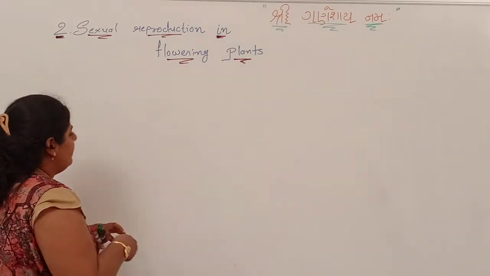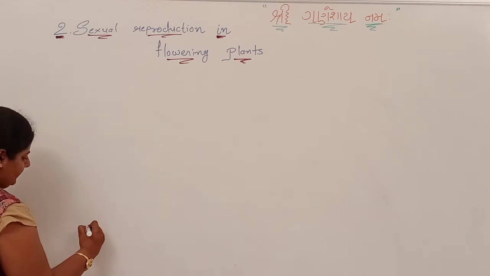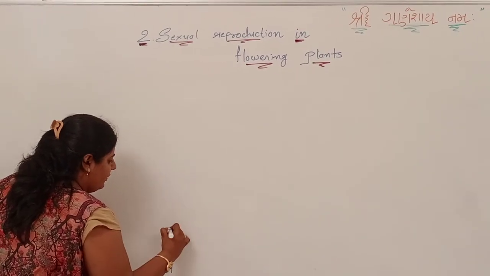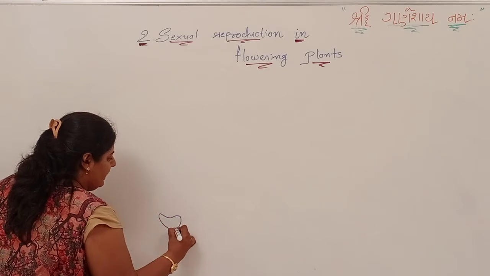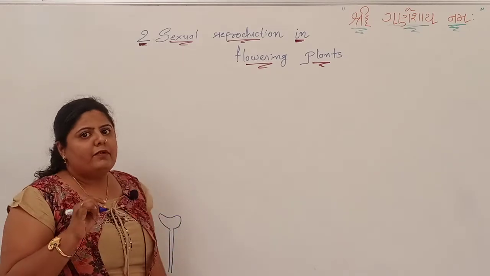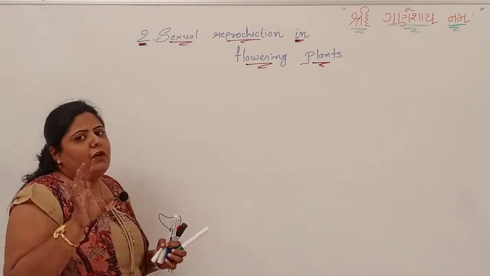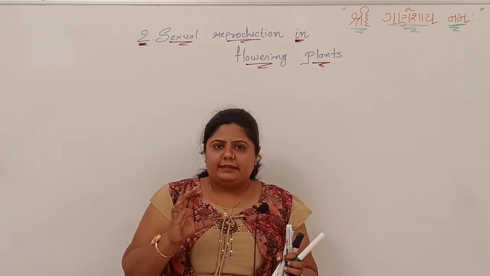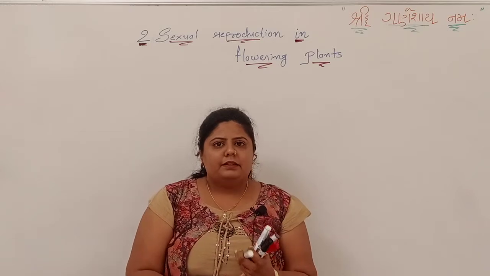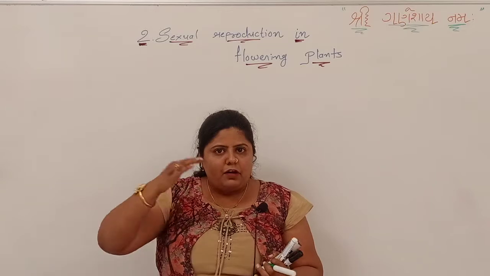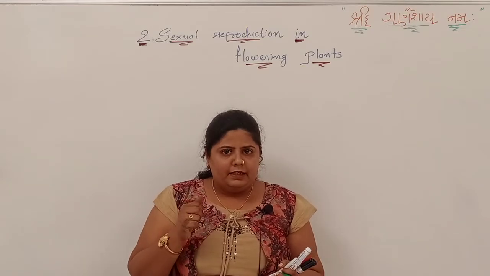So a flower is a modified shoot. First of all, the thalamus. Thalamus is the part from where the flower develops. A flower has four whorls: calyx, corolla, androecium, gynoecium, from outer to inner.